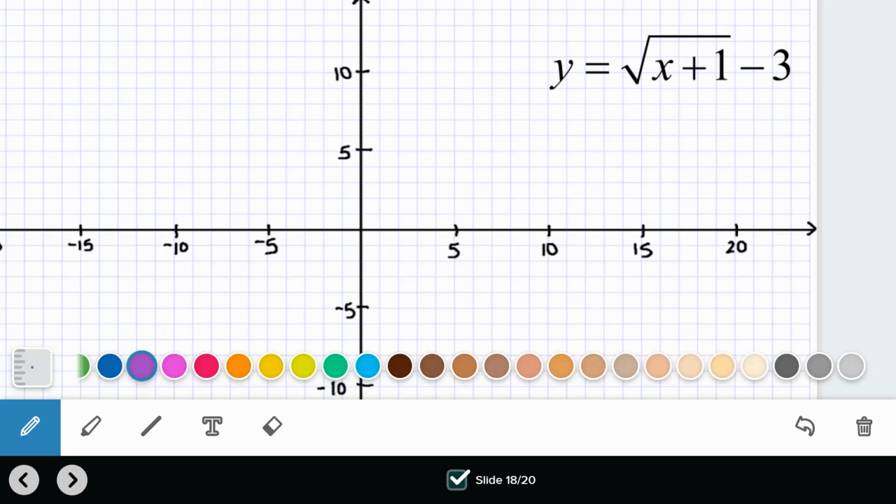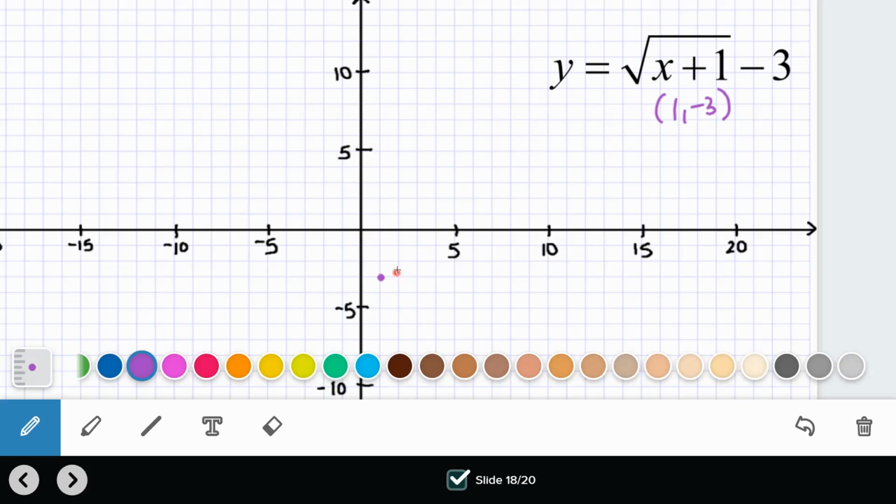So this is going to be at 1 comma -3. So I'm going to go to 1 comma -3, and then this doesn't have a stretch in front, so this is a regular square root.